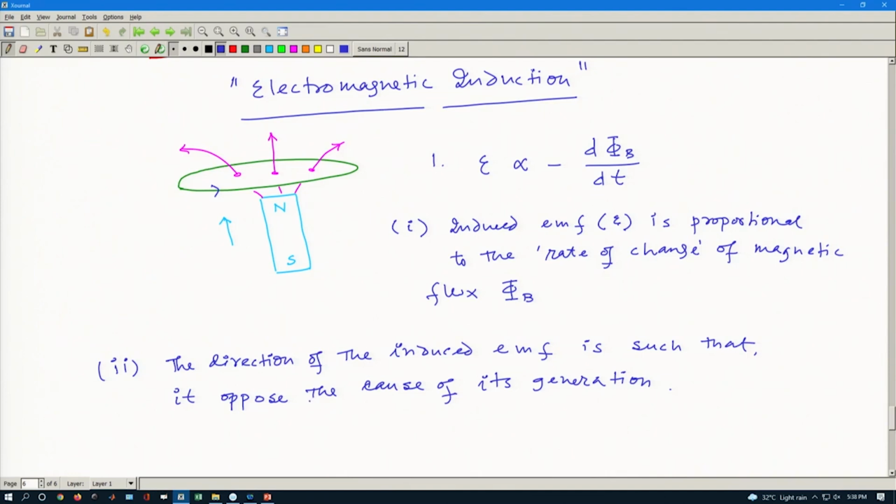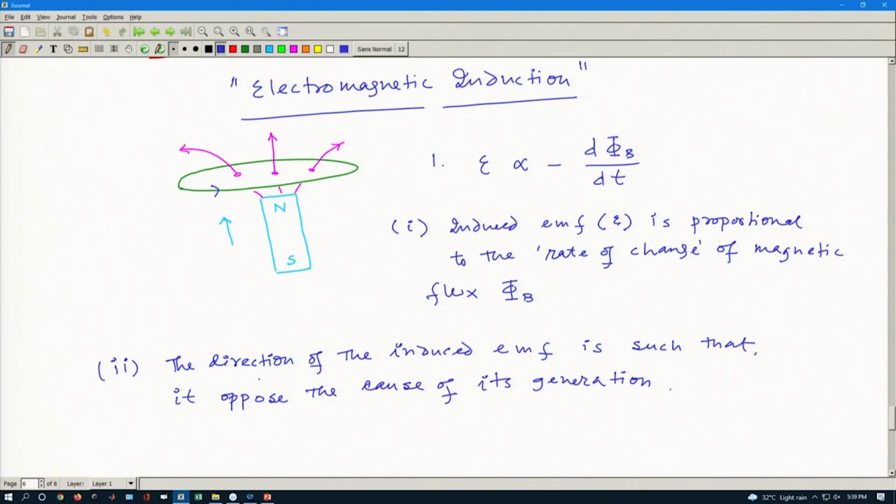If that were not the case, and the EMF were generated such that the magnetic field produced by the current in the wire helped the magnet pass through the system, then we would have more and more flux change and more EMF.